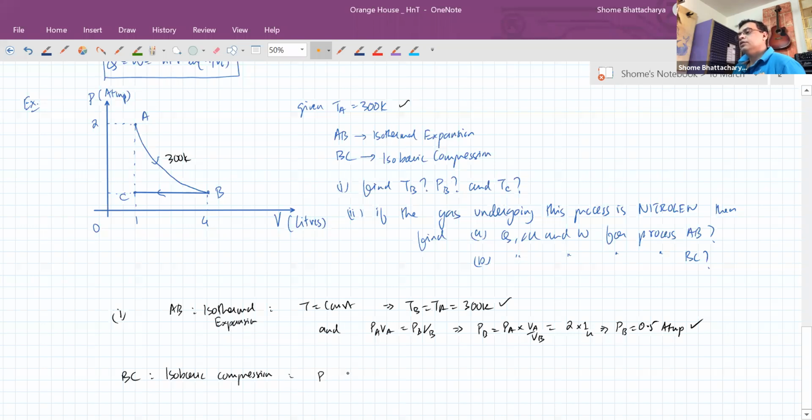So pressure is constant. So from that we can see that volume is proportional to temperature. So temperature at C becomes 75 Kelvin.